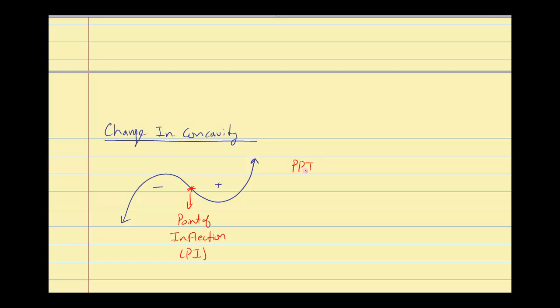Well, possible points of inflection, and again PPIs are possible points of inflection, are found like critical numbers are found, but instead of the first derivative we use a second derivative. So possible points of inflection occur when the second derivative equals 0 or when the second derivative is undefined.